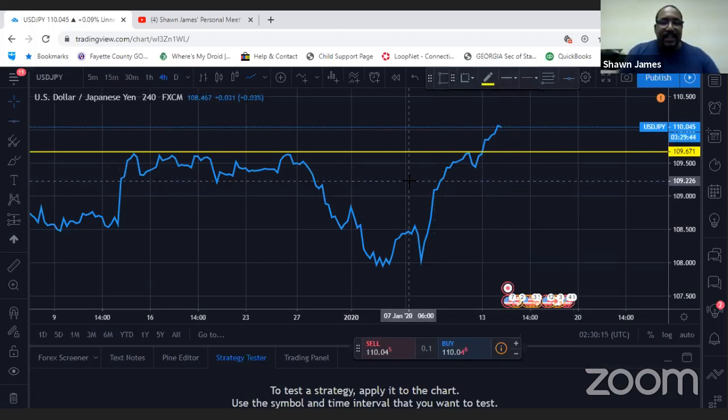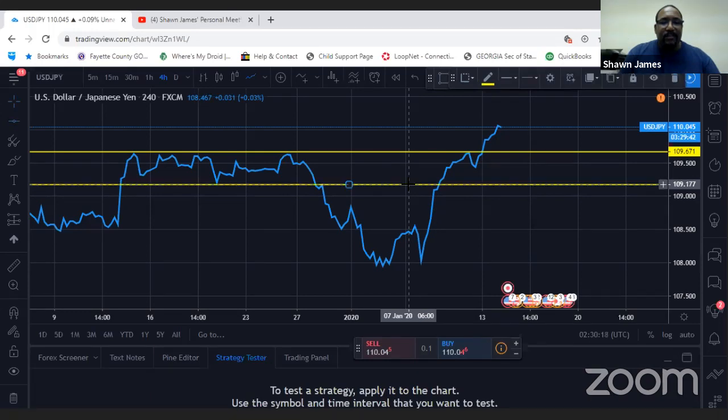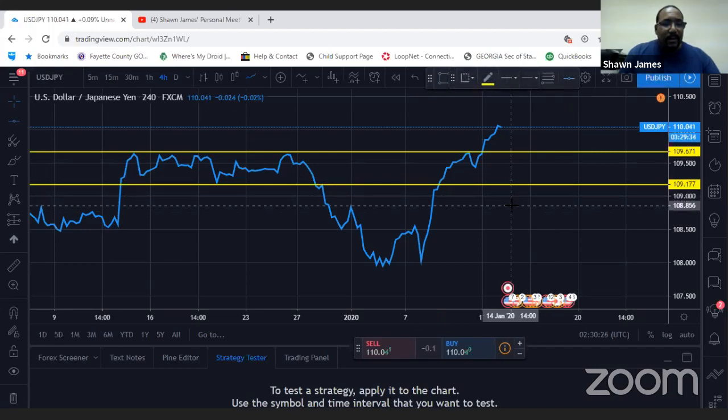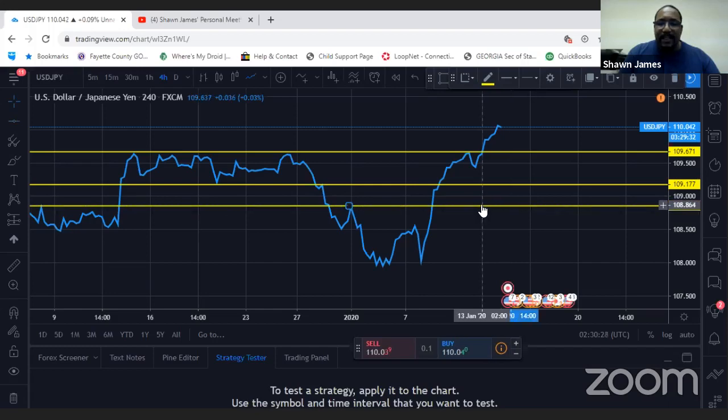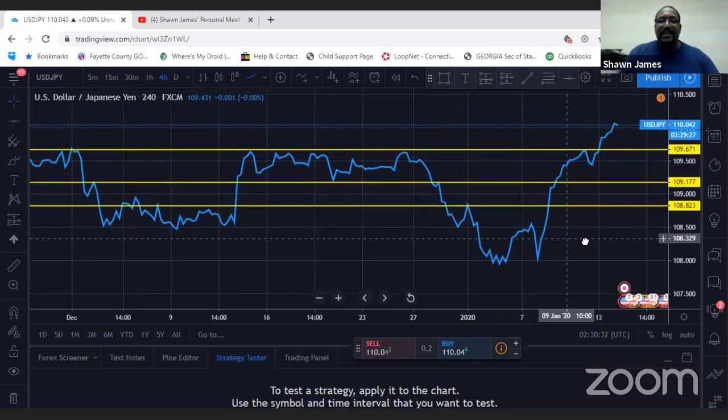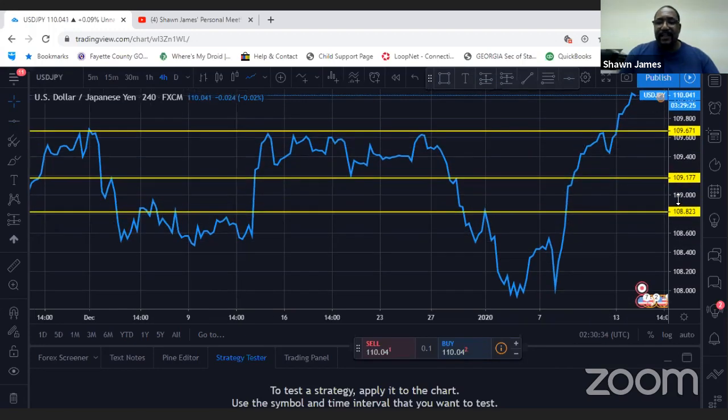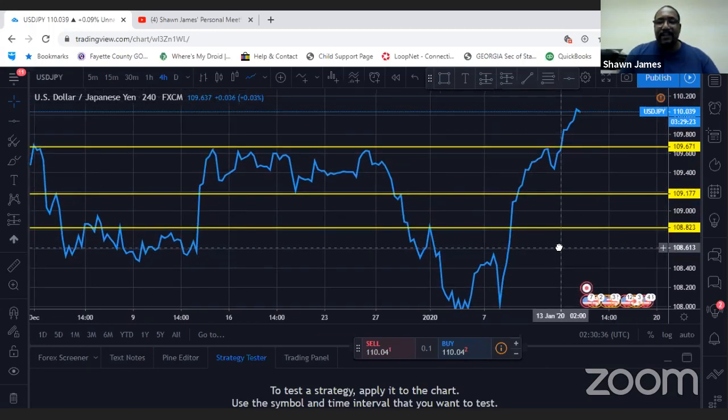Underneath, we can also go here. We can also go right around here. Now, this is subjective. Not everybody picks the same points.